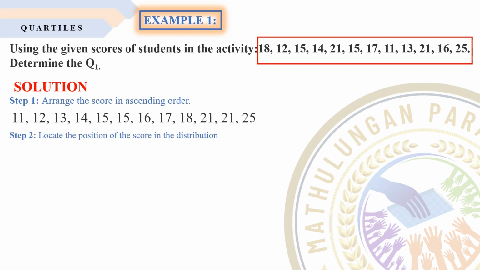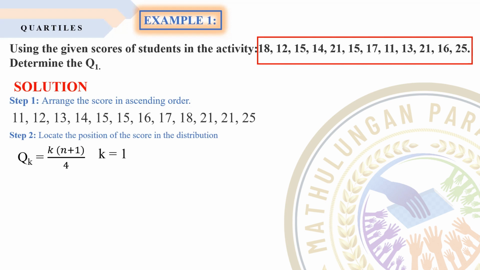Next step, locate the position of the score in the distribution. So ano ba hinahanap natin? We have the first quartile. So ibig sabihin, quartile yung hinahanap natin. To use the formula sa ating quartile, which is Q sub k is equal to k times n plus 1 all over 4.